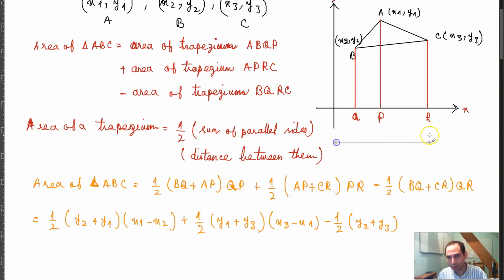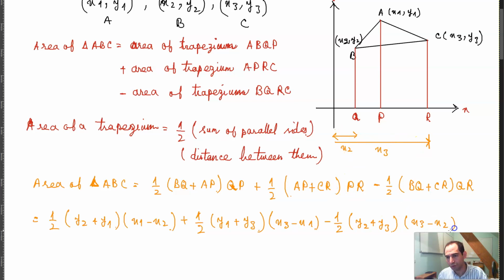This distance up to here is x3, and this distance over here is x2, so that is x3 minus x2.